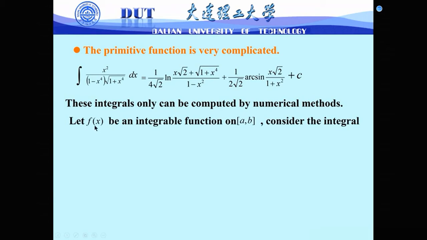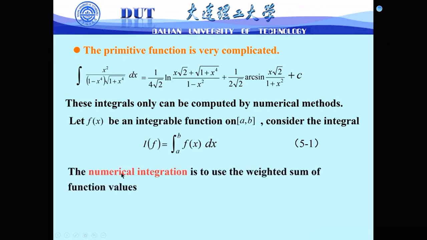Now, let f(x) be an integrable function on the interval [a, b]. We consider its integral, denoted by I(f), the integral of f(x) on the interval from a to b.